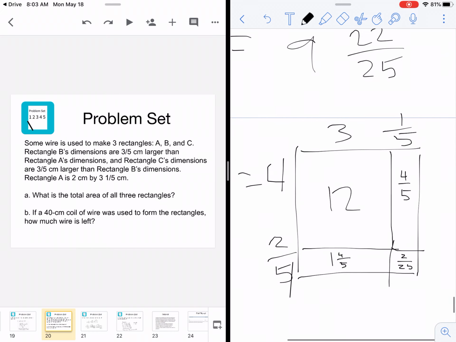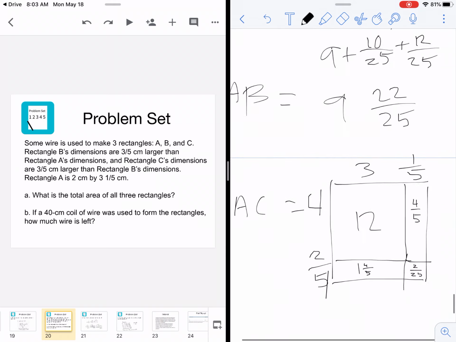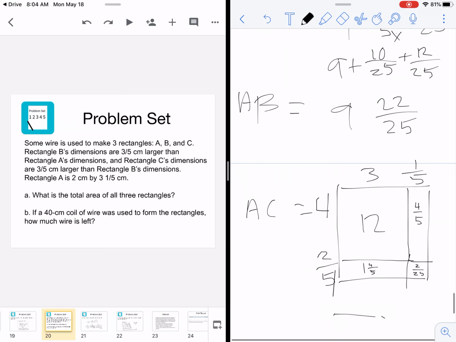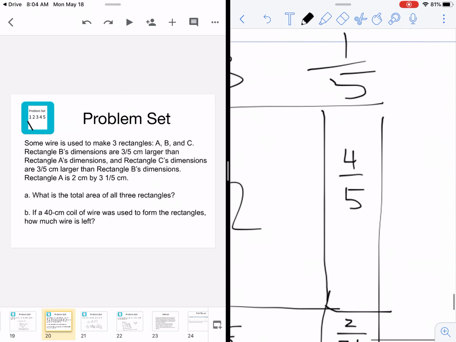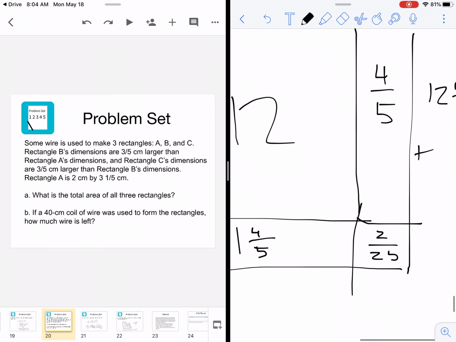And then you add all these up together. If you just add the top portion, we get 12 and 4/5 plus our bottom portion is 1 and 4/5 plus 2 25ths. So you have to change the 4/5 to 25ths, times 5 times 5.